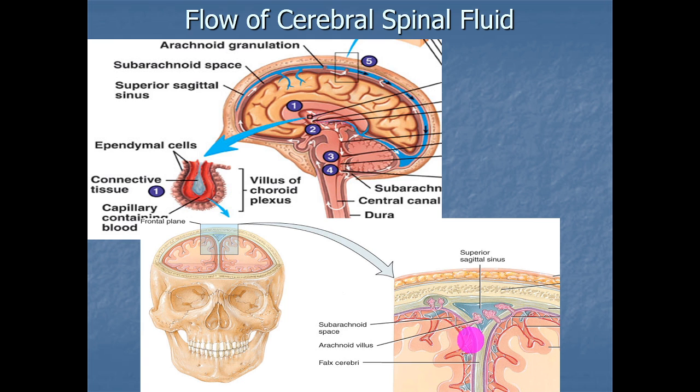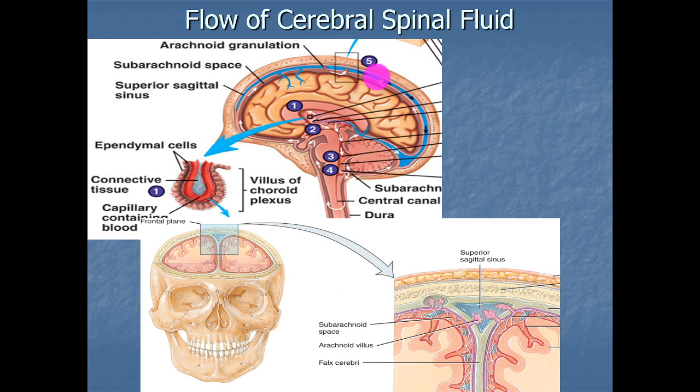And remember, a lot of the brain's blood vessels are going to be on the surface of the brain. So once you start squeezing and putting a lot of pressure on the surface of the brain, you can shut off blood flow to the brain, and it can actually end up in death. So a person with hydrocephaly needs the fluid in this sagittal sinus and subarachnoid space to be drained.